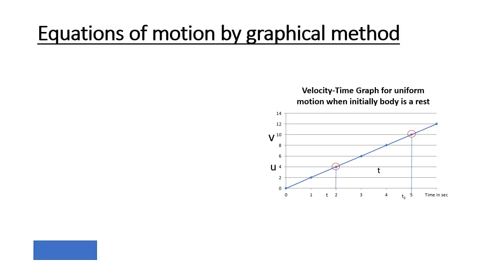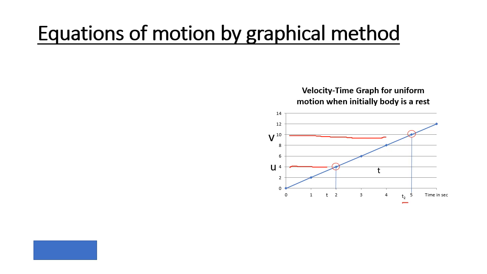So what you can see here, we have given a velocity time graph, and as you can see, at time t1 the initial velocity is u, and at time t2 the final velocity is v.